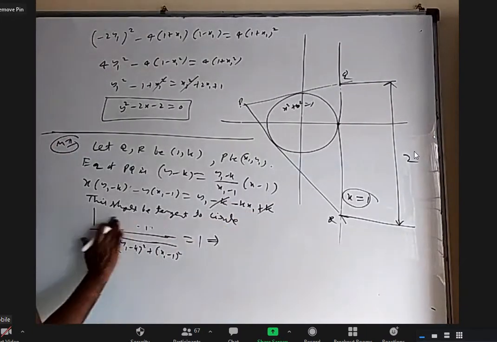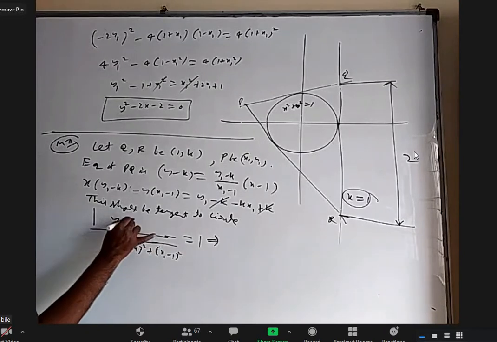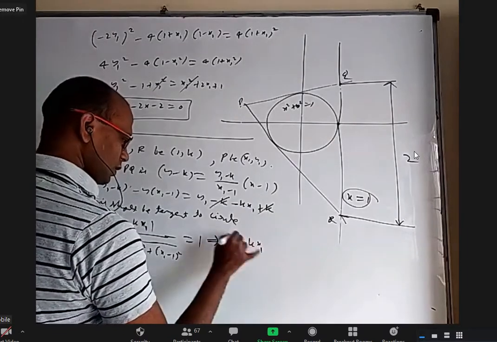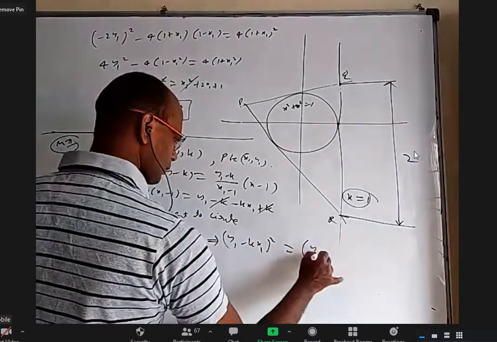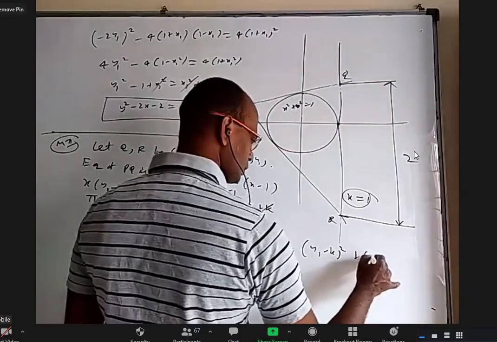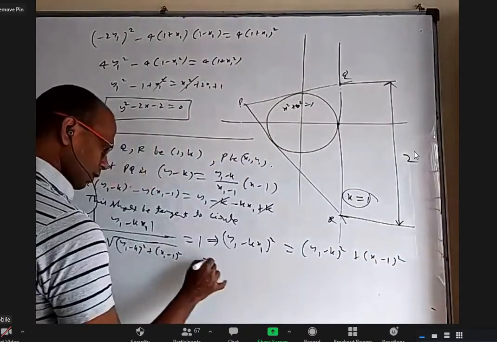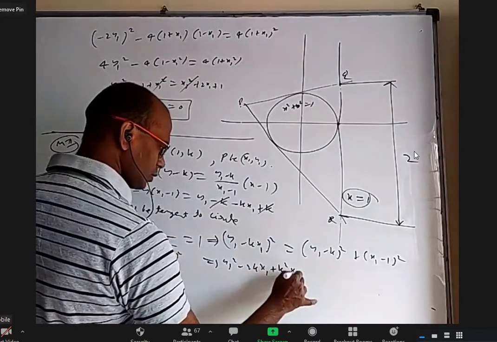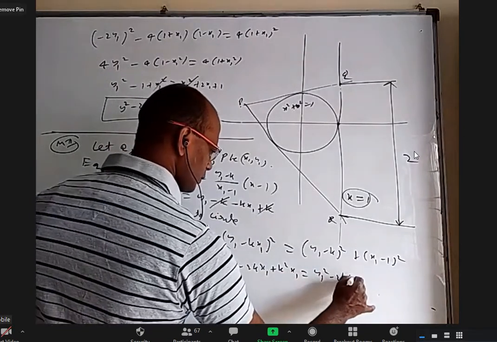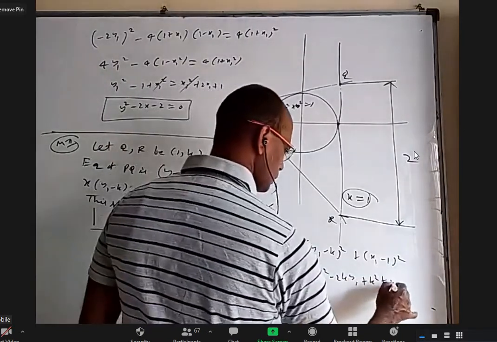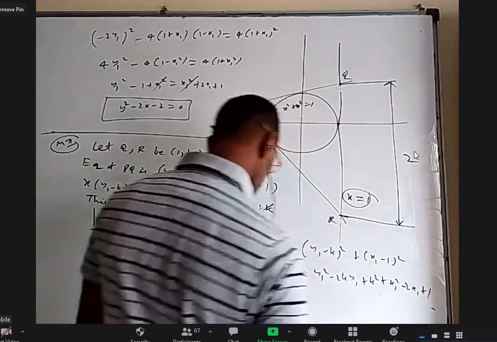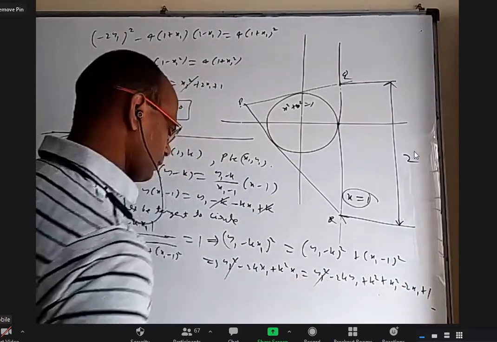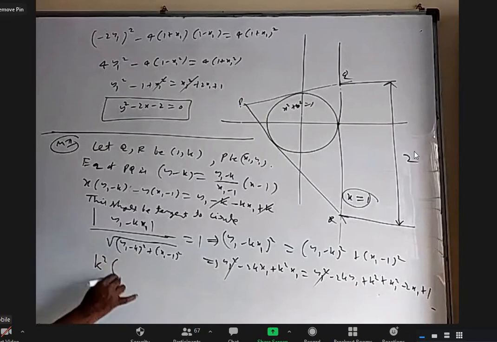So it is y1 minus k x1 whole square equal to y1 minus k whole square plus x1 minus 1 whole square. y1 square minus 2k x1 y1 plus k square x1 square equals y1 square minus 2k y1 plus k square plus x1 square minus 2x1 plus 1. y1 square will cancel. This is a quadratic equation in terms of k.